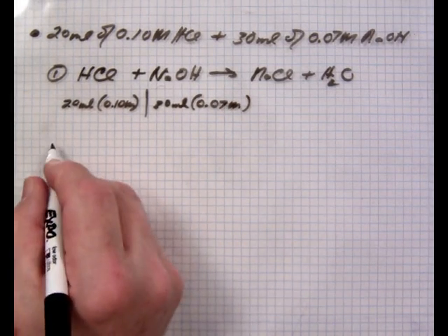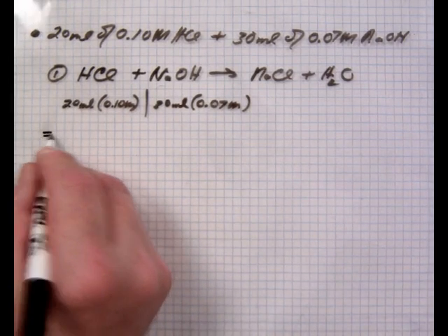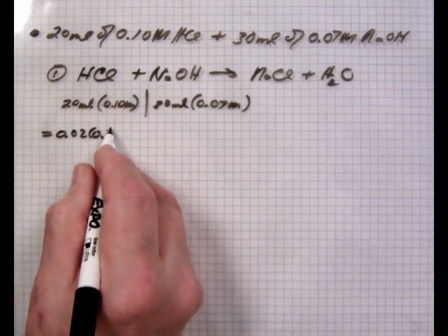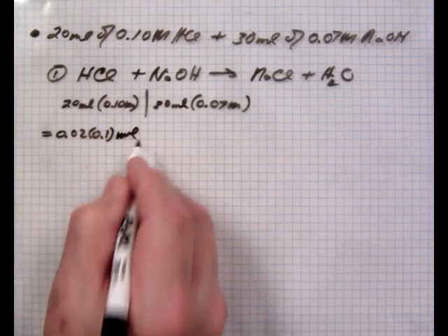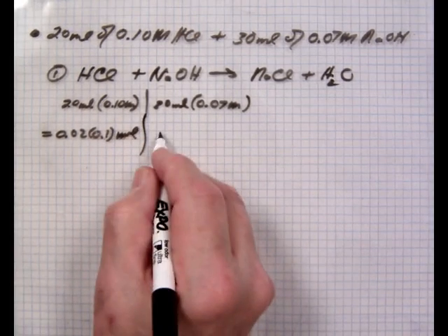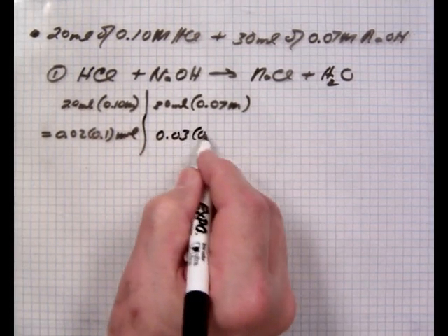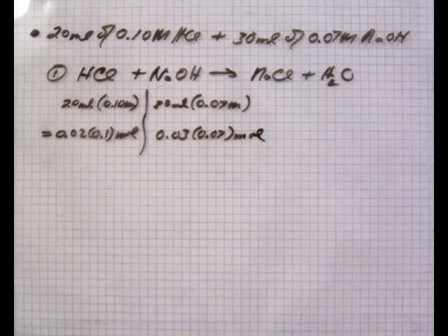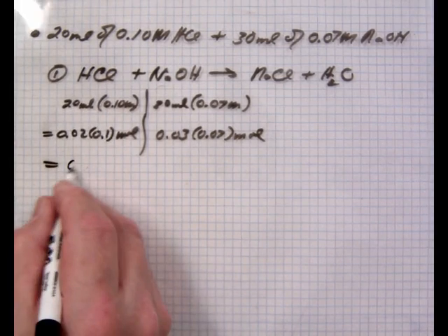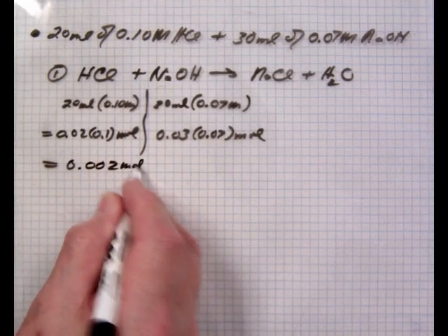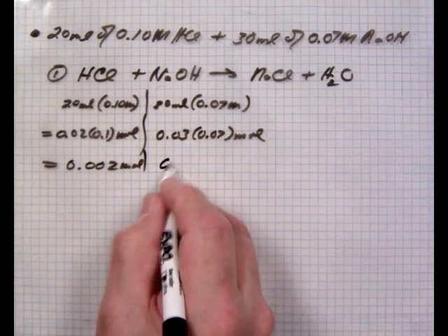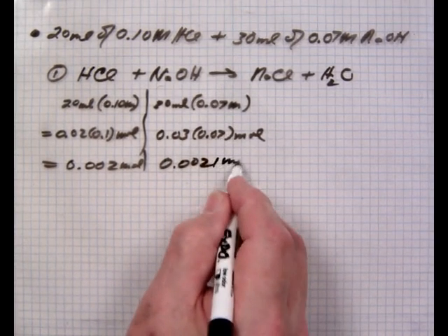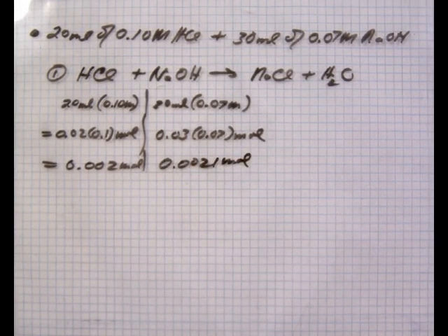And so this is equal to 0.02 times 0.10 mole of HCl reacting now with 0.03 times 0.07 mole of sodium hydroxide. And so this is 0.002 mole of HCl and 0.0021 mole of the sodium hydroxide.